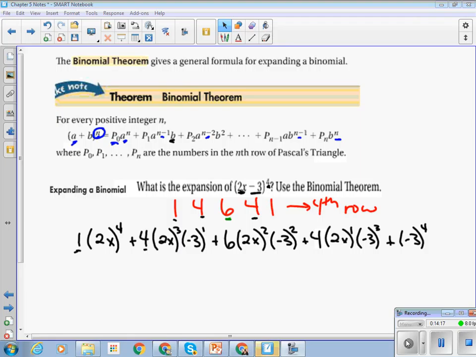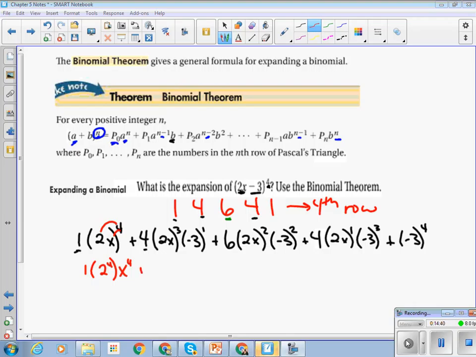So this is 1 times 2 to the 4th times x to the 4th. I'm distributing the power into the parentheses. When there's a plus, you can't distribute the power, but when there's a multiply or divide, we can distribute it. We're still plussing.